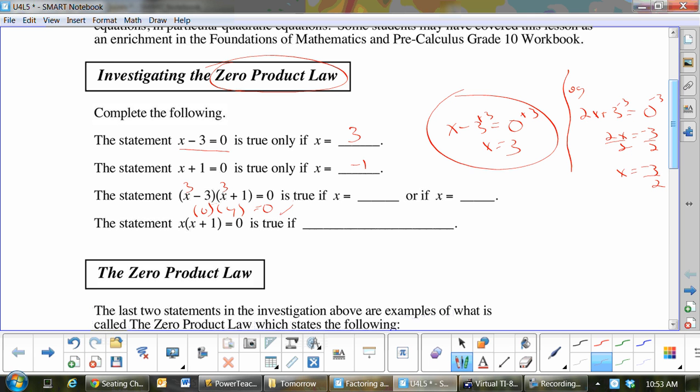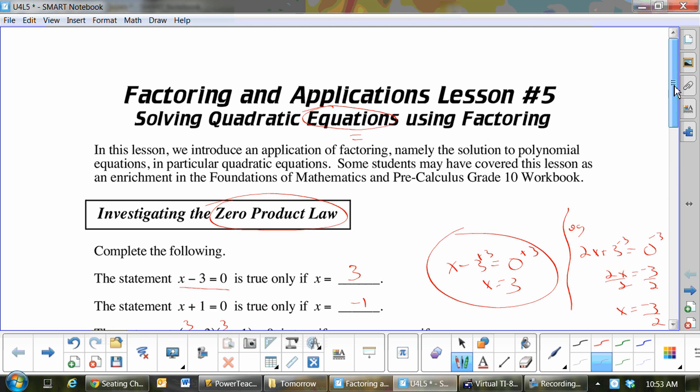So when you're multiplying things, like say there's this long equation, and it was like 2 times 3 times 8 times 6 times 41 times 9 times 3 times 2 times 0. Do you see how much time you're going to waste if you don't know the zero product law?